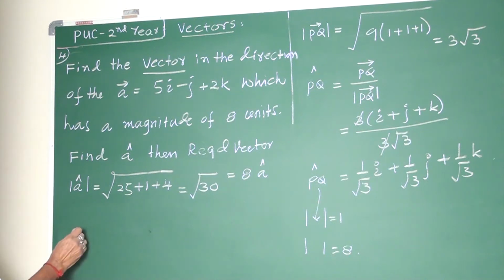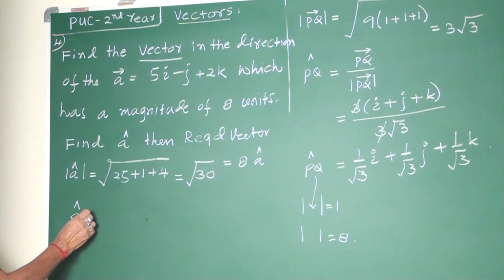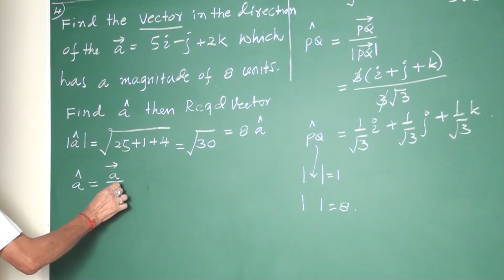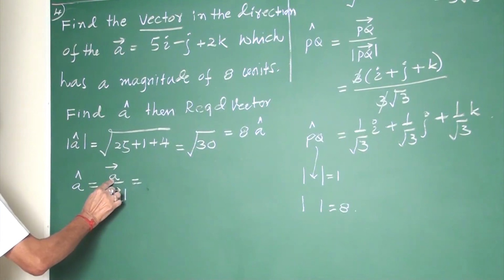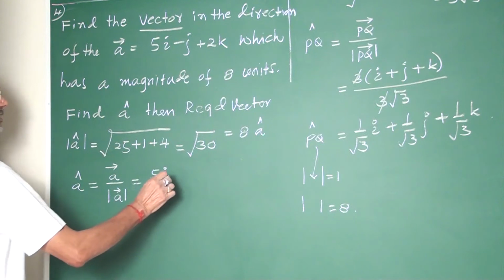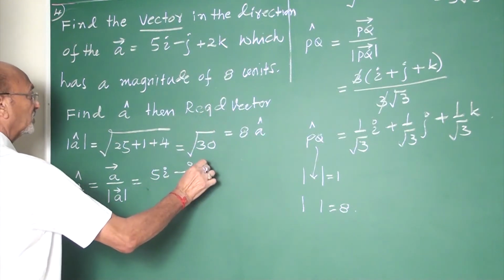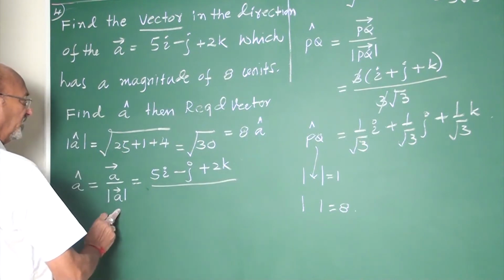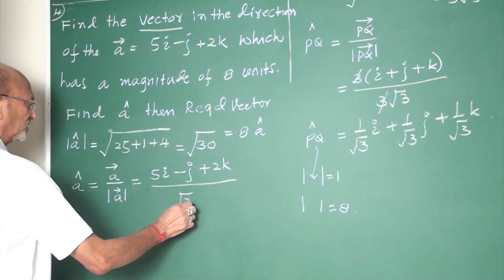Then A cap is vector A upon its magnitude. A cap is 5i minus j plus 2k, denominator is root 30.